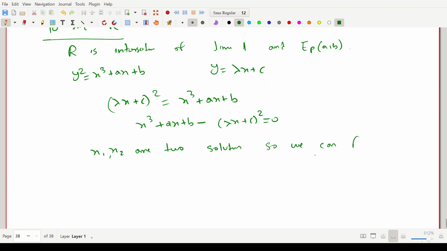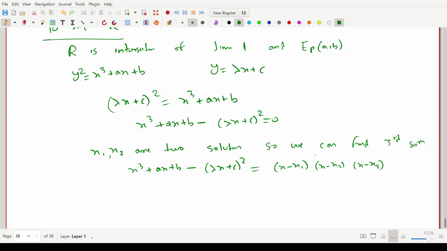Can I write it as x minus x1, x minus x2, x minus x3? So let us compare the coefficient of x square.